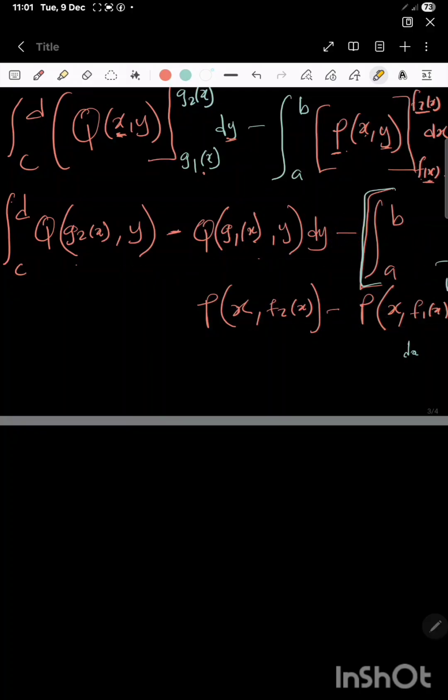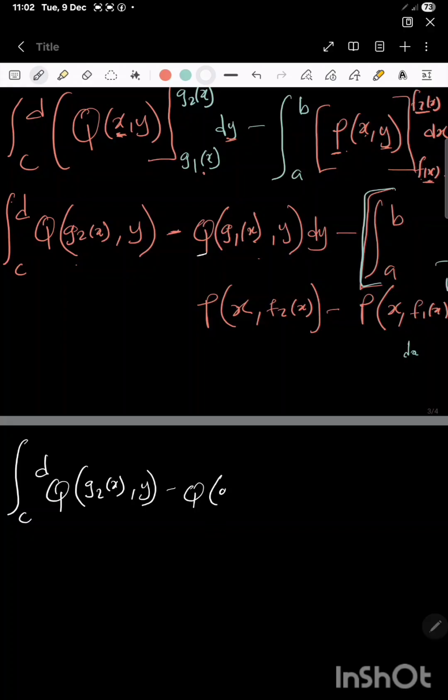So we have the integral from c to d of the function Q of g2 of x comma y, minus the function Q again, of g1 of x comma y, dy, minus, and now we distribute the negative to this.